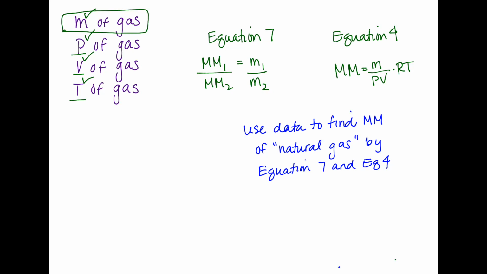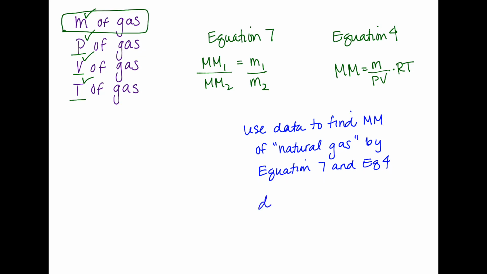Now from here, you're going to use data you collected in class or data that was provided to you to find the molar mass of natural gas, which is our lab gas, the gas that is pumped into our labs. You're going to do it both by using equation 7 and equation 4, and then the results section is going to ask you to compare them. Which one do you think is more accurate?